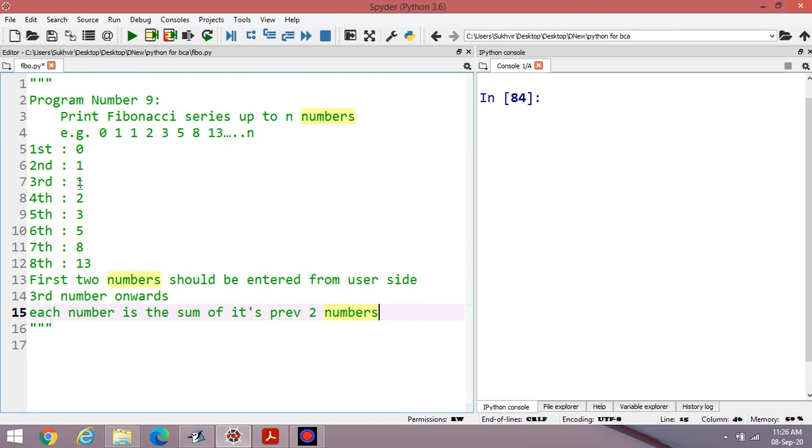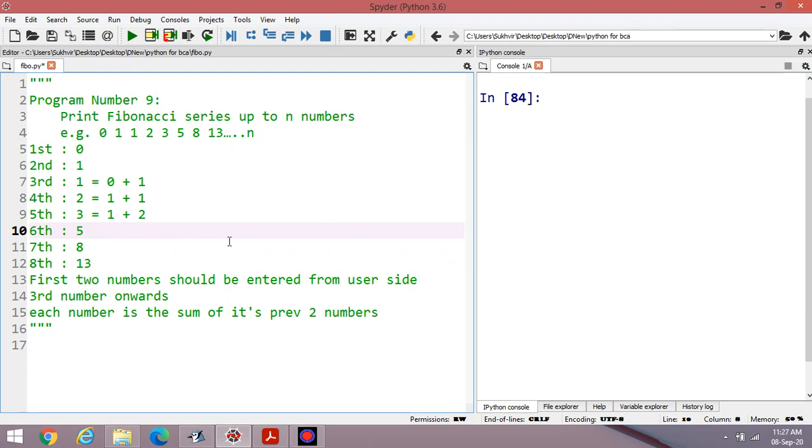Now what about the third number? It is the sum of 0 and 1. What about the fourth number? This one is the addition of 1 and 1, that is the second and third number. This number is the addition of the third and fourth number, and onwards. Similarly, you can obtain 2 plus 3, 5; 3 plus 5, 8; then 5 plus 8 is equal to 13.